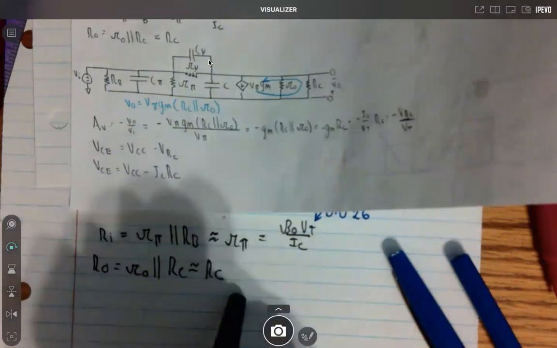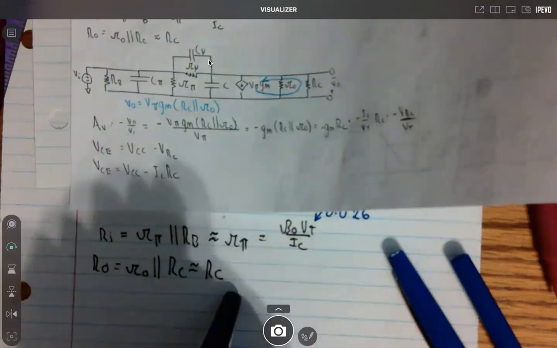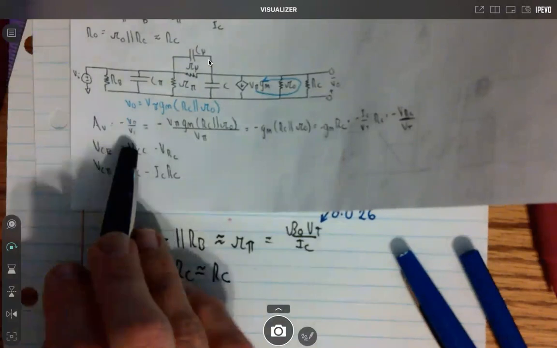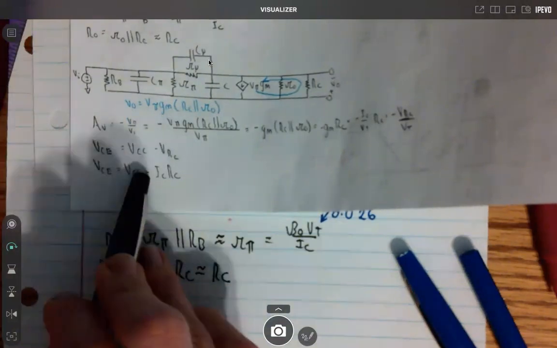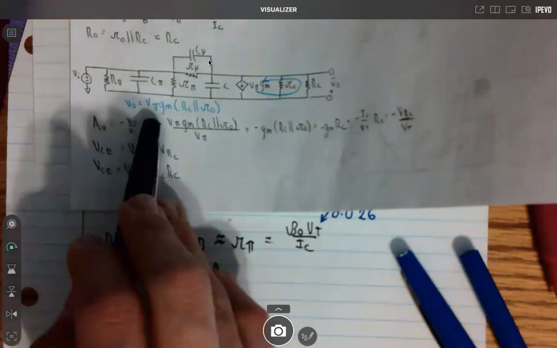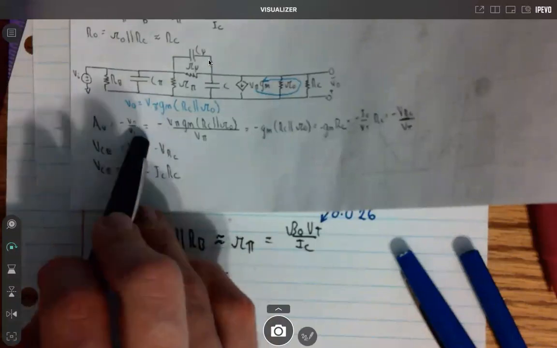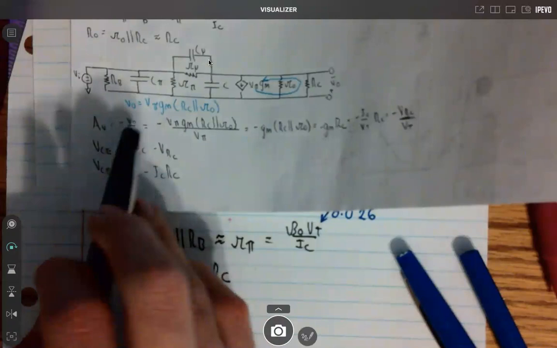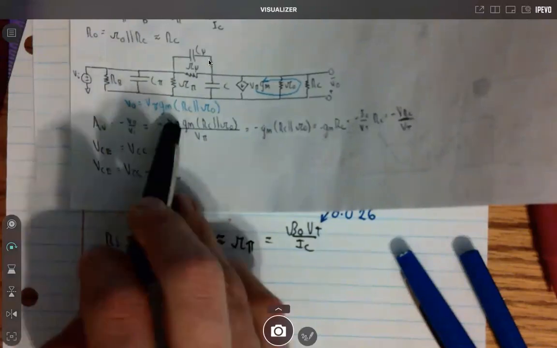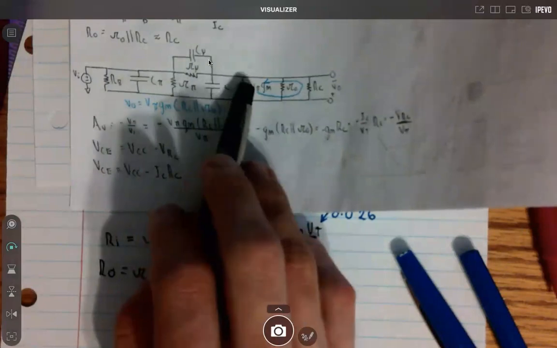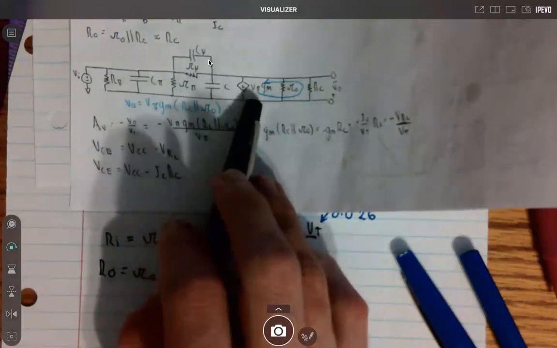Now that we got that, we're going to take a particular look at how you get the voltage gain and how it depends on VCE. Remember how I said the voltage gain is given by the negative of V out over V in. And here we made a Kirchhoff's loop, which was the voltage in particular here.